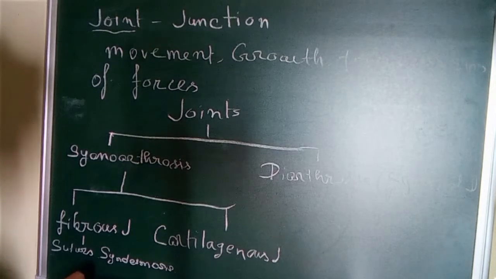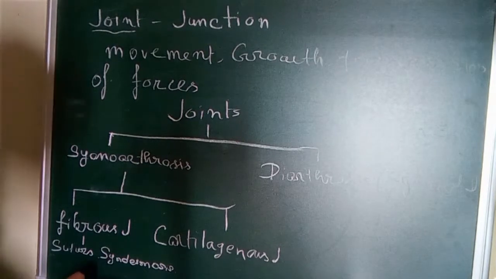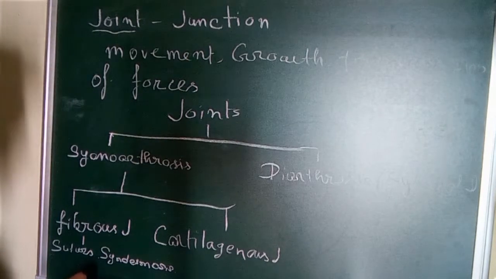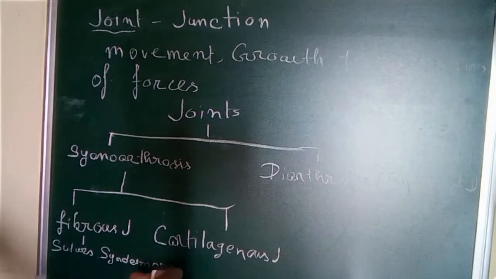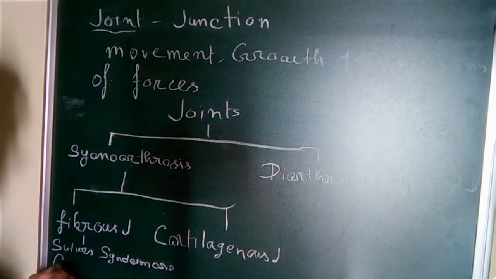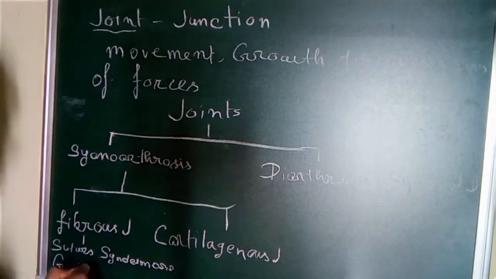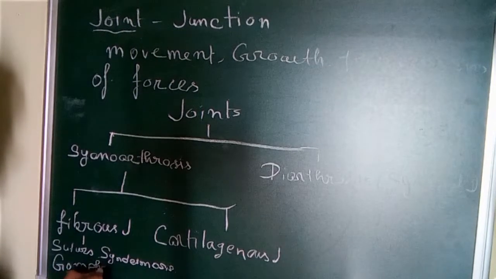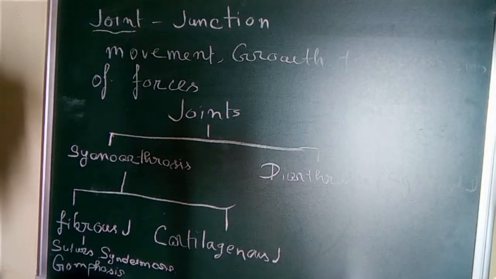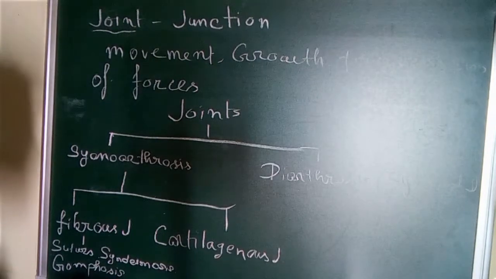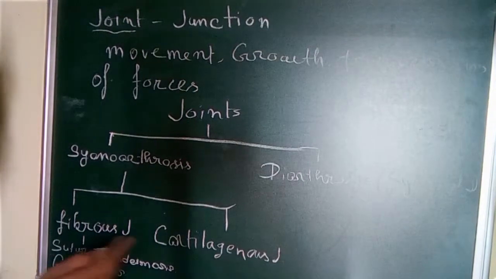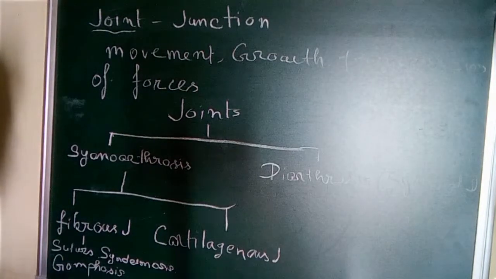These are syndesmosis. Now the gomphosis. Gomphosis is like the root of the teeth which fit in the socket of the jaw, like a peg and socket joint. Now the cartilaginous joint.